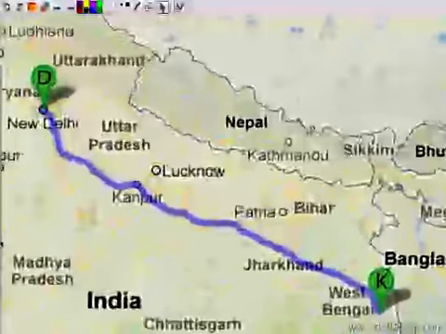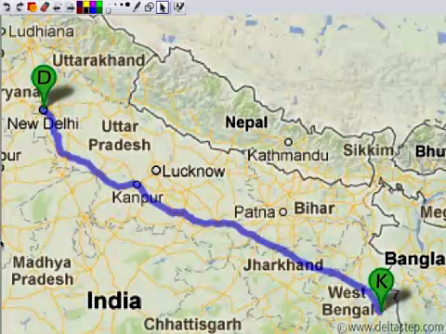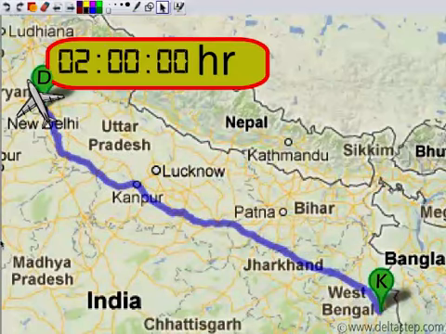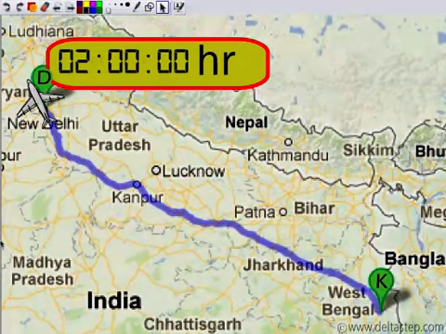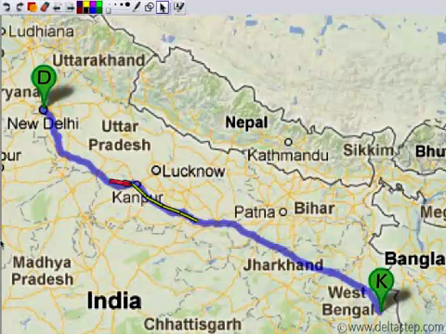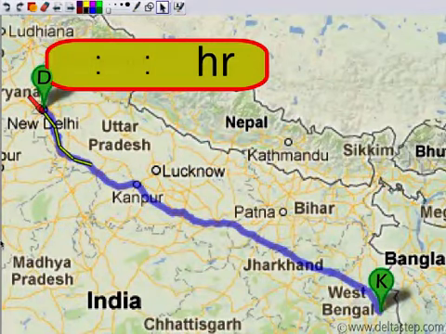So if you want to go from Kolkata to New Delhi, K to D, then you could either take a plane. Plane takes 2 hours. Let's look at the train now. To travel that same distance, the train would take around 17 hours.